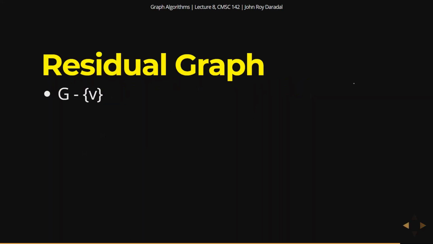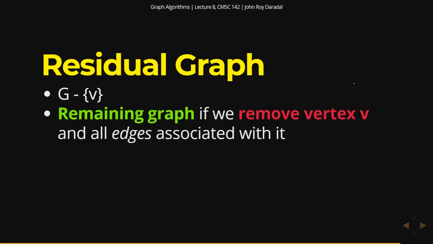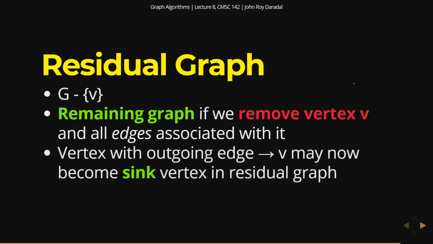Okay? So we will call this the residual graph, the G minus that vertex. So the residual graph is the remaining graph if we remove vertex V and all edges associated with it. So remove V and all edges connected to it, then that would be the residual graph. Okay?